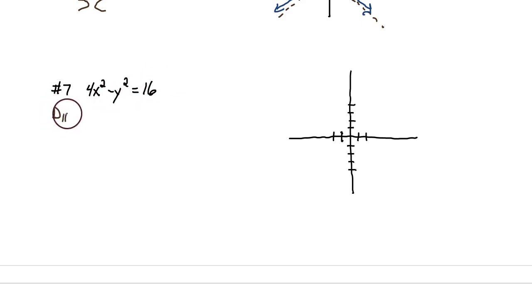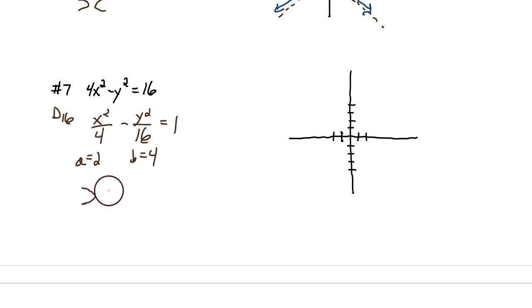So let's divide everything by 16. 4 over 16 reduces to 1, x squared over 4. And then minus y squared over 16, and now it's equal to 1. So a is 2 and b is 4. The x squared is first, so that's the side-by-side hyperbola.